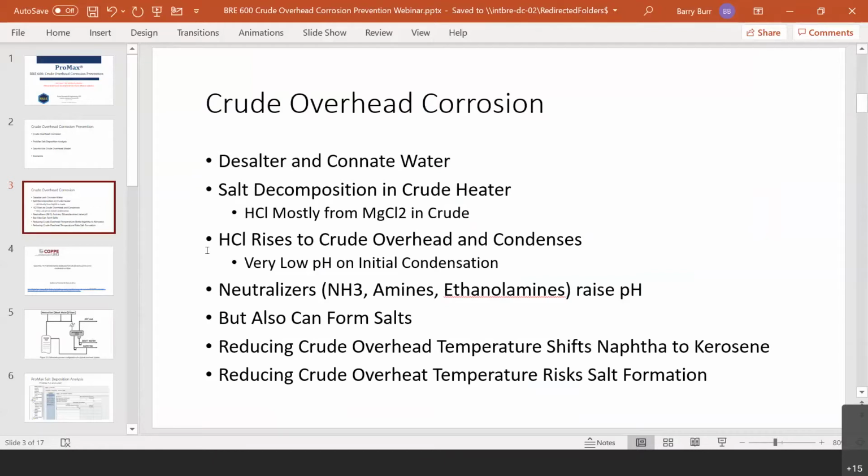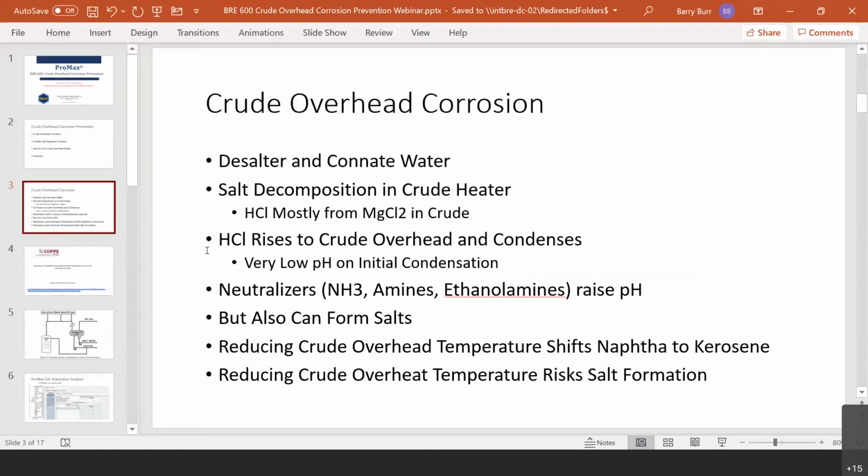The main chloride salts are sodium chloride, calcium chloride, and magnesium chloride. But magnesium chloride is the one that really decomposes when it enters your crude heater. The temperatures in the crude heater are high enough to decompose the magnesium chloride, some of the calcium chloride, and none of the sodium chloride.